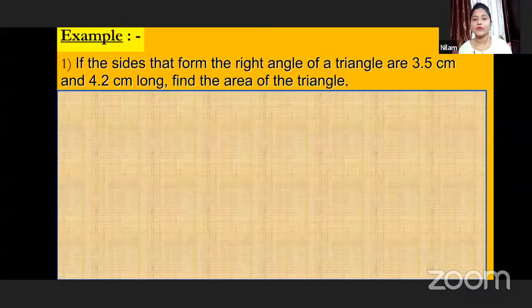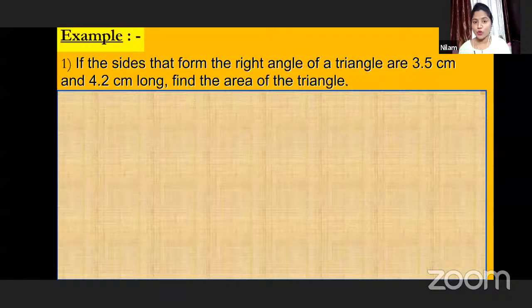Listen carefully, children. If the sides that form the right angle of a triangle are 3.5 centimeter and 4.2 centimeter long, find the area of the triangle. So can anyone tell me what is the formula of a right angle triangle that we have learned just now?